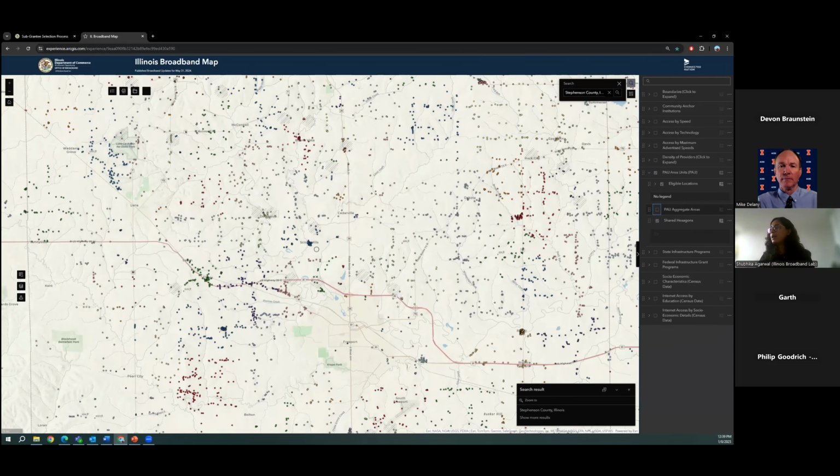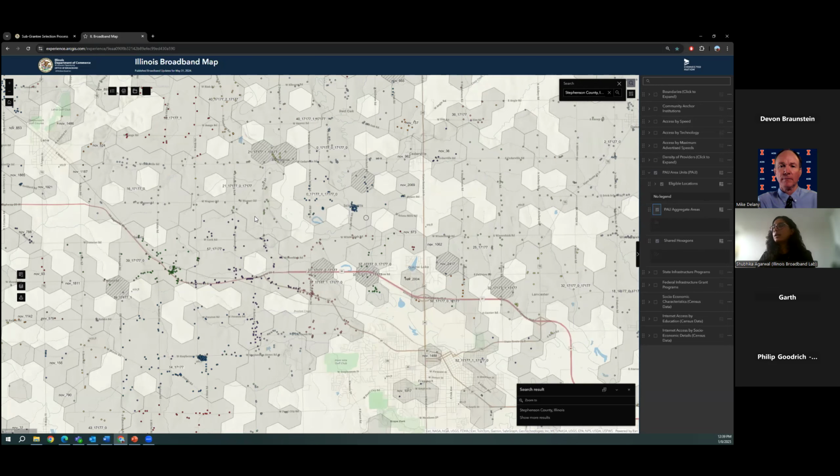Again, I would always encourage using the aggregate areas with the eligible locations, because there might be more locations in these areas, but it's only the ones that light up here in different colors that are actually eligible for BEAD funding. So just make sure that you're using both of these together. And the most important one would ideally be the eligible locations layer.